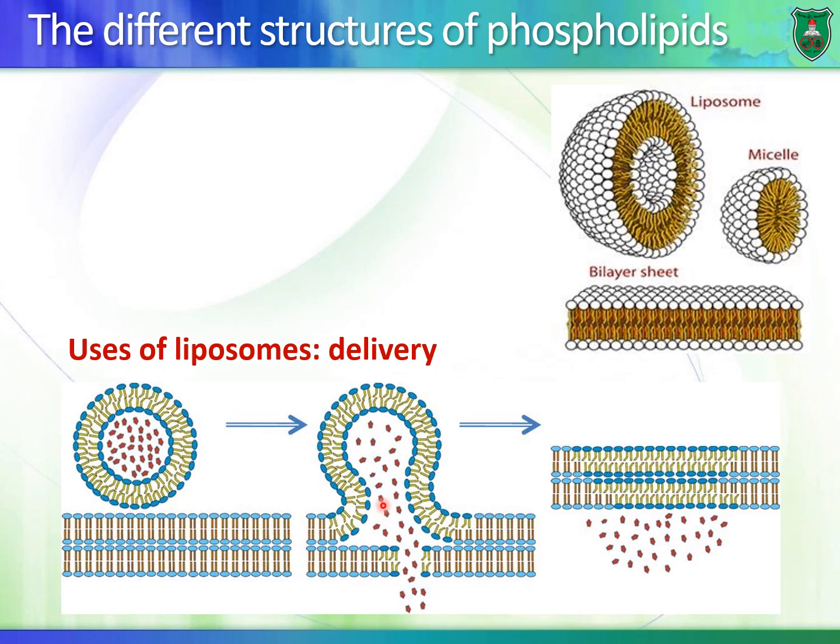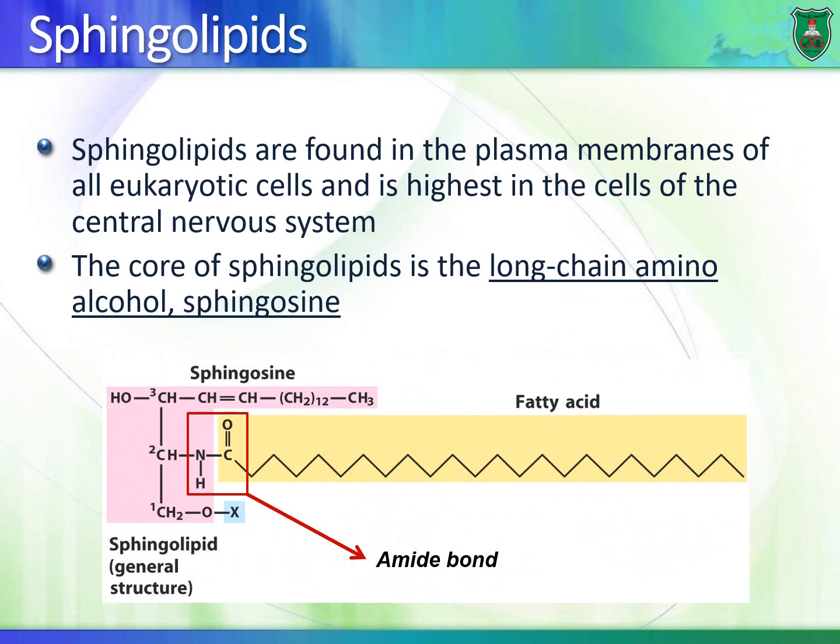It becomes part of it, releasing these contents inside cells. So this is one way by which we can actually in labs deliver DNA and RNA inside cells. And it's one of those mechanisms that can be used in pharmaceuticals as well in delivering drugs to cells.